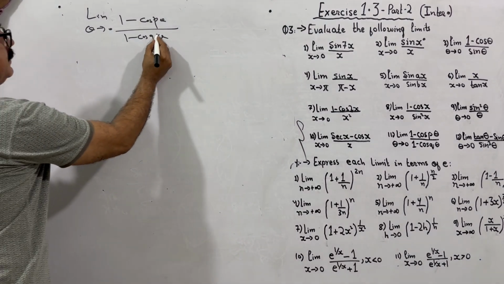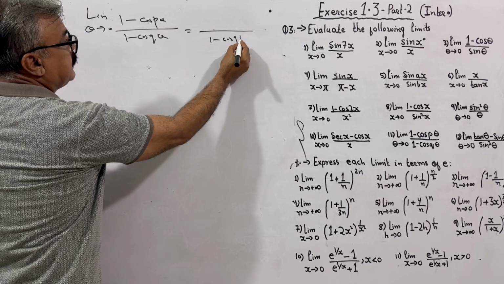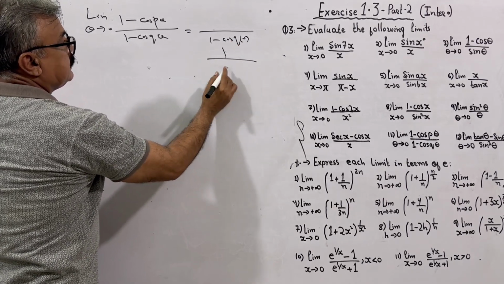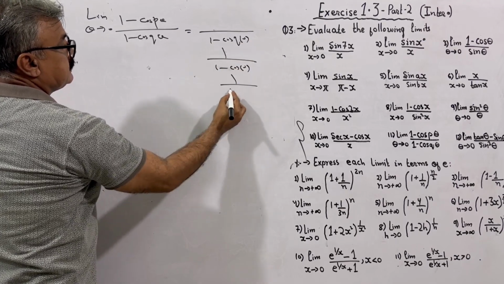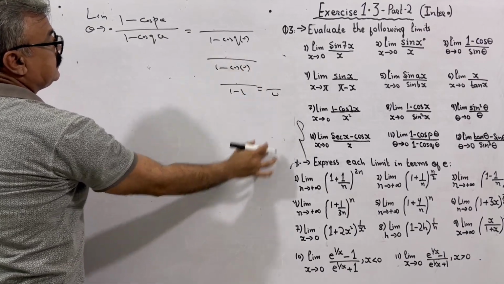Let's see and find out. To me, it is an impressive question. Put the direct limit in the denominator: 1 minus cos q times 0 is also 0, cos 0 is 1, 1 minus 1 means 0 in the denominator.